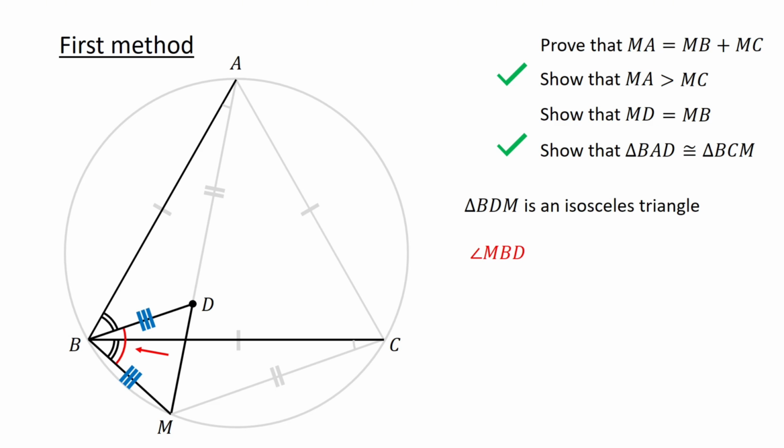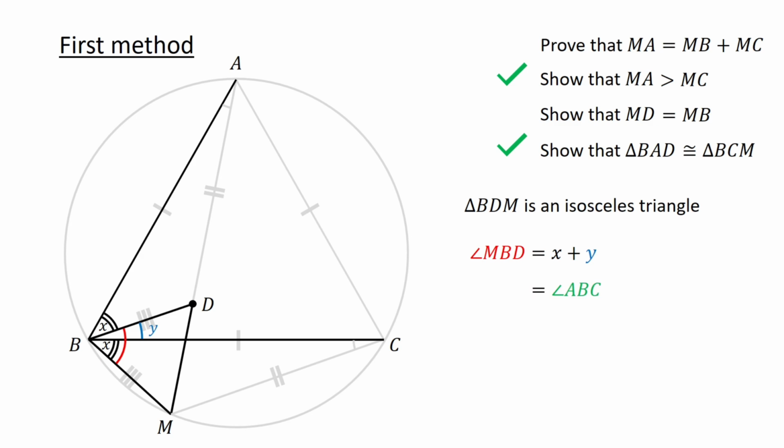For convenience, let's call angle MBC and angle DBA as X, and angle CBD, which is this angle, as Y. Then from the diagram, we see that angle MBD equals X plus Y.